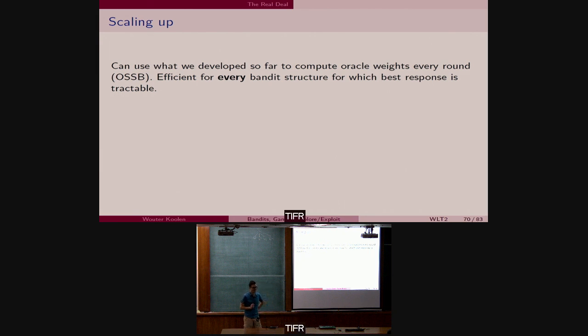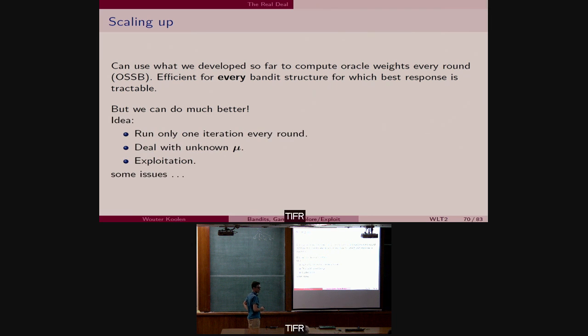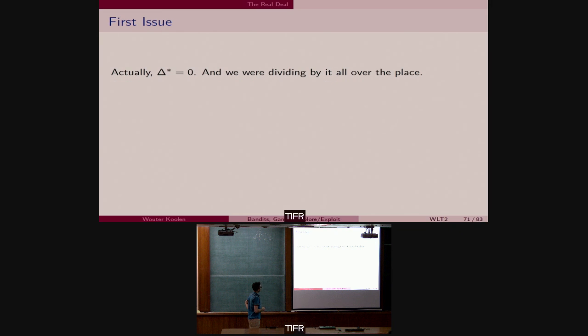So, gross cheat. Okay. So, what I showed you right before, you can already use it to compute a saddle point solution. But now we want to use it in interaction. So, let's overcome some of the problems.